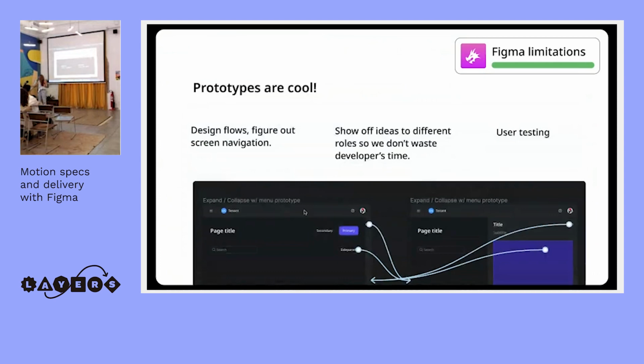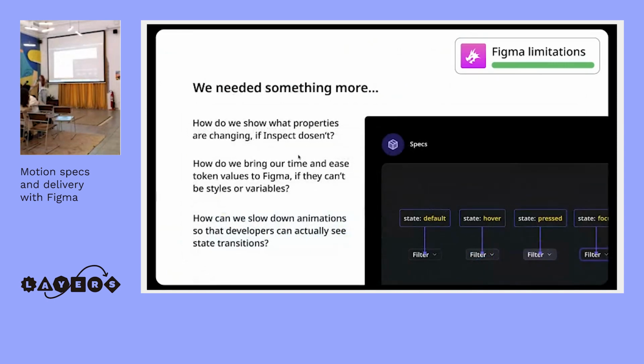And so the way that we realized is that prototypes are super cool. Designer flows really help us understand what is going to happen from screen A to screen B, but it's not perfect for specification. I know this is a niche, but if you want the component to be exactly with the animation that you envisioned, we needed something more.